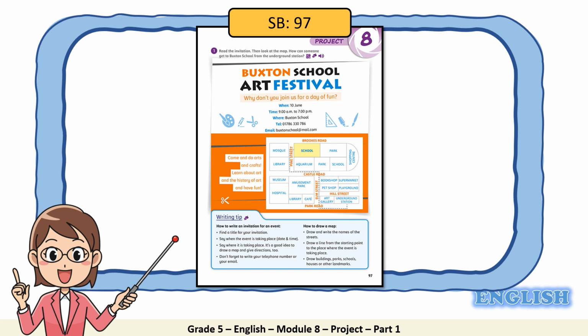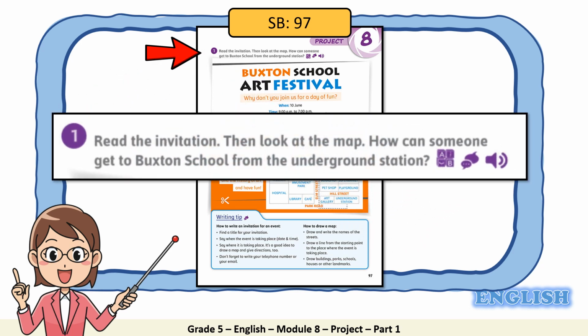And how can we get there? That's what we are going to find out by reading the invitation together. So, get ready to shadow read the invitation while listening to the audio. Then, we will discuss the most important information in it. Ready? Let's start.